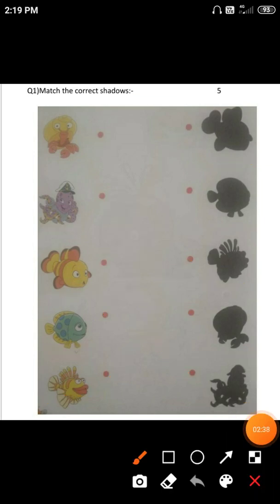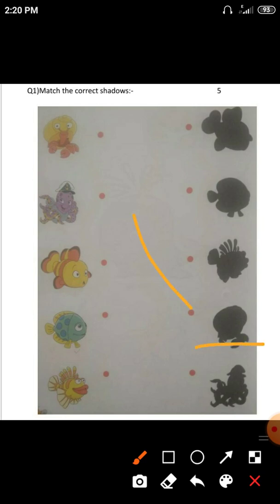I will repeat once again, children. First you have to see the outer structure. The original picture and the shadow picture, you have to compare and match. The first example is crab. So the crab shadow is here.